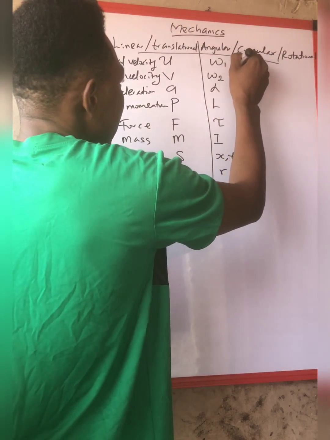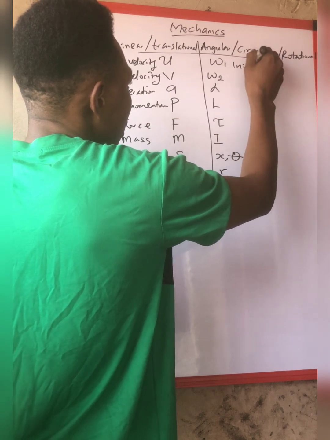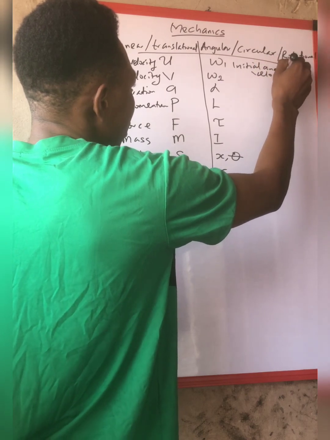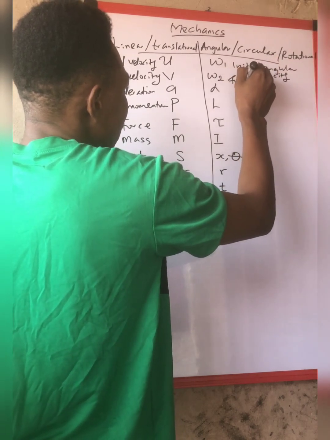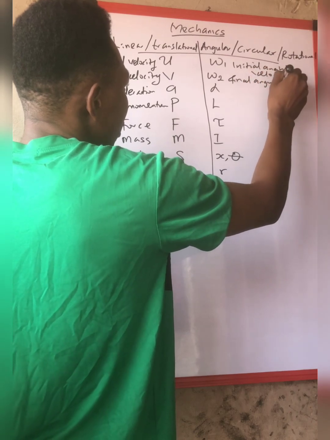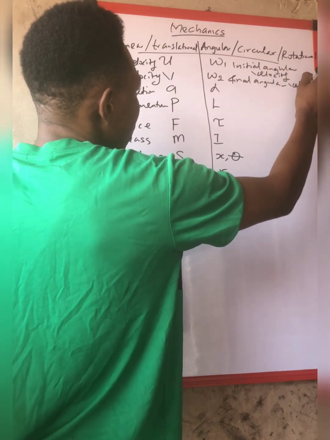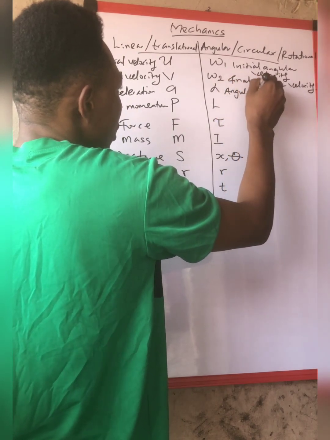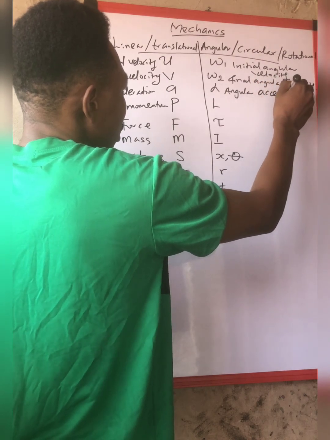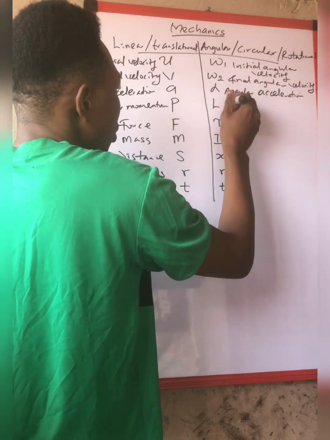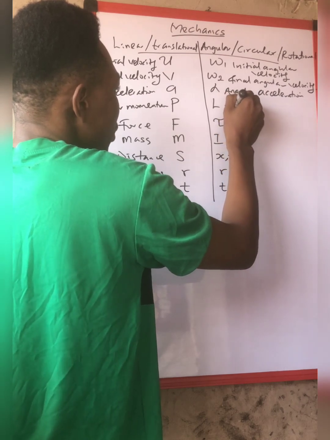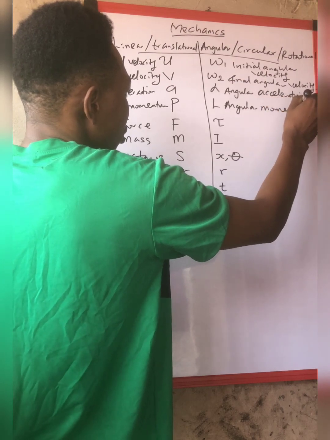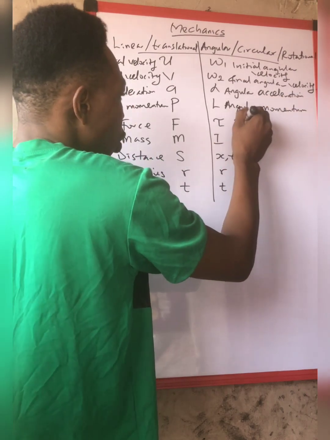So this represents initial angular velocity, while this represents final angular velocity. This represents angular acceleration. This represents angular momentum. Then this represents torque.